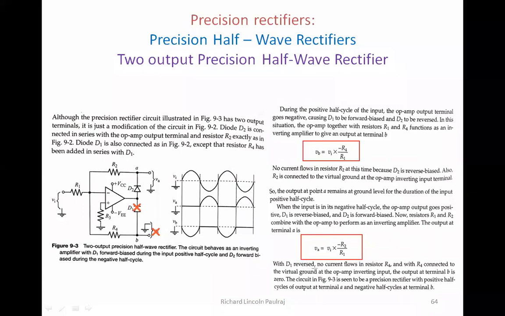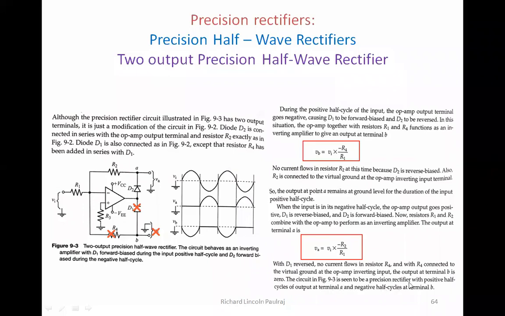So D1 is reverse biased, no current flows in resistor R4, right? Which means this whole line is sort of not connected. It's at the virtual ground concept, and terminal B is 0.